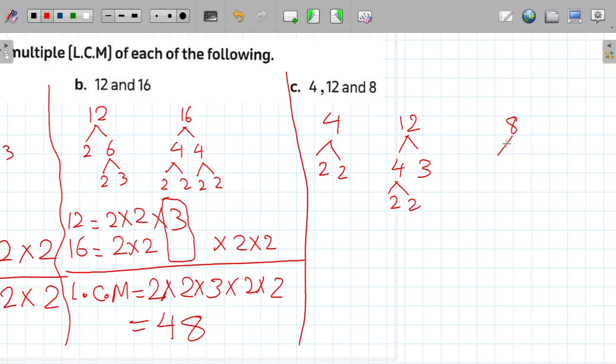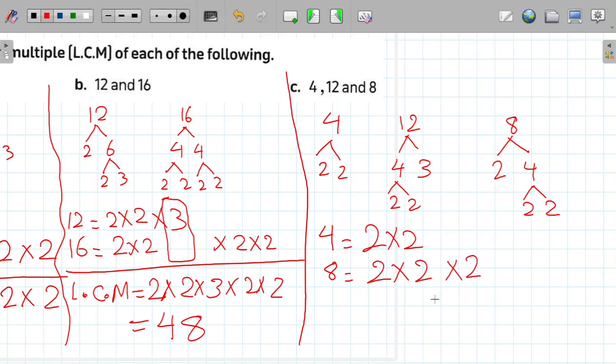And 8 equals 2 by 4 and 4 equals 2 by 2. Okay, so 4 equals 2 by 2. 8 equals 2 by 2 by 2. And 12 equals 2, 2, and 3.